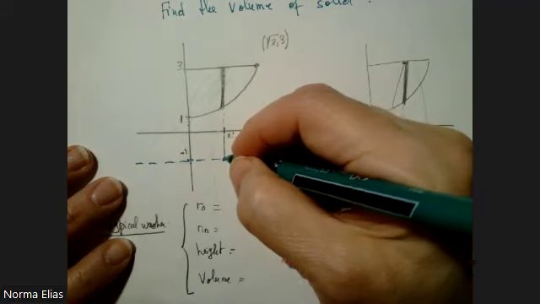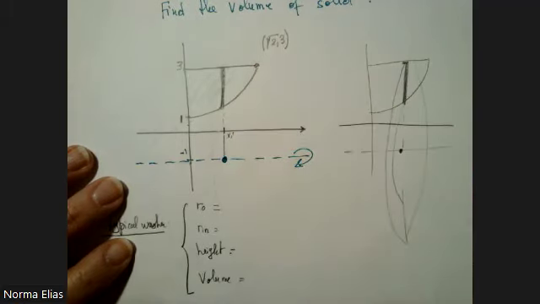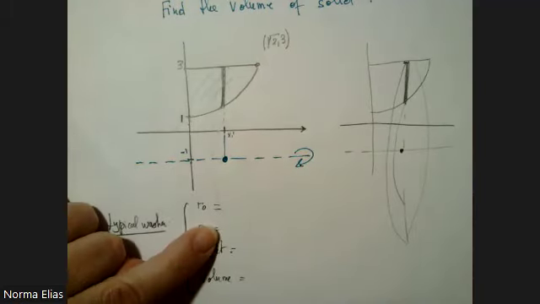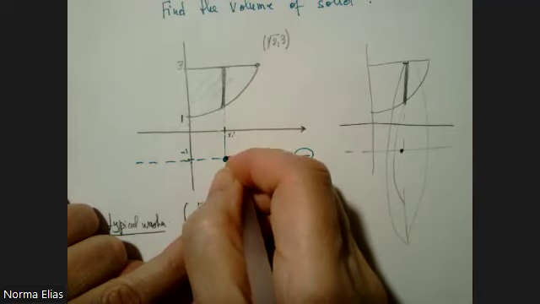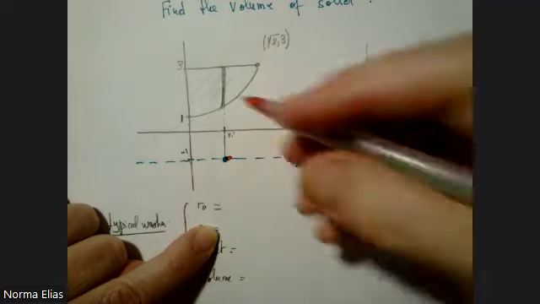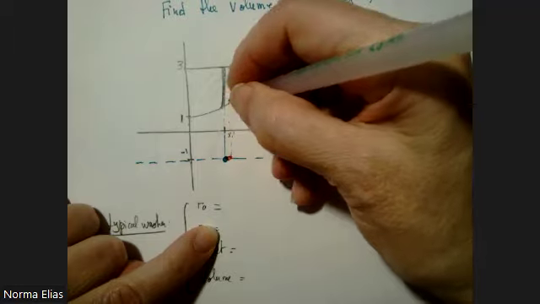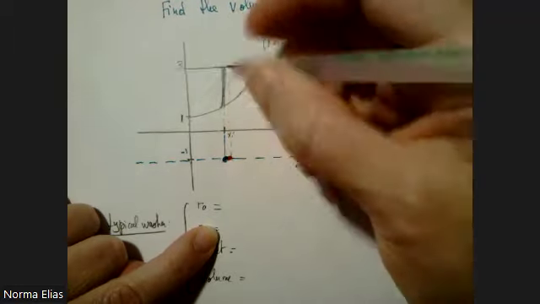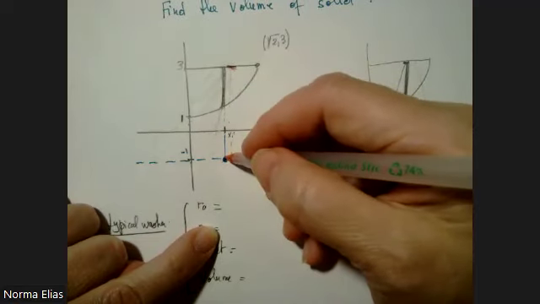This is the axis of rotation. It's right there. We're rotating about this axis. So what's going to be the outer radius? The outer radius is going to be from the axis of rotation, which is sitting all the way here, up to this curve, because that's the center this time.